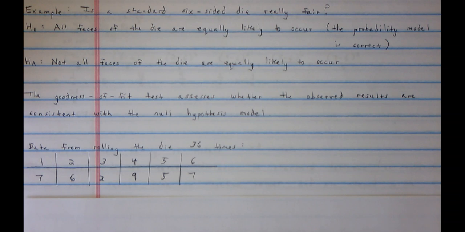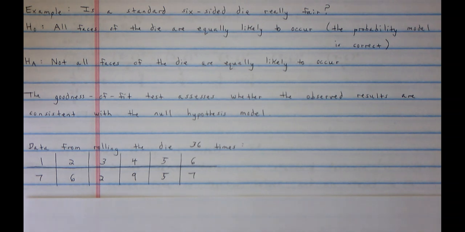In other words, the probability model is correct. The alternative hypothesis is that not all faces of the die are equally likely to occur. The goodness of fit test assesses whether the observed results are consistent with the null hypothesis model.